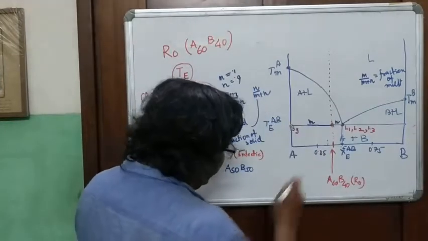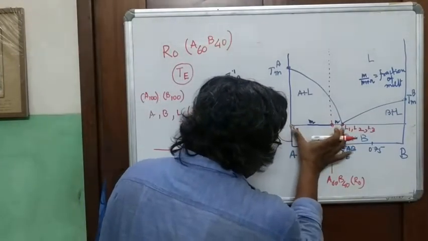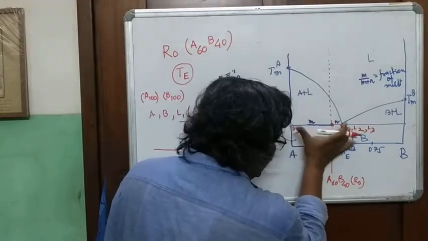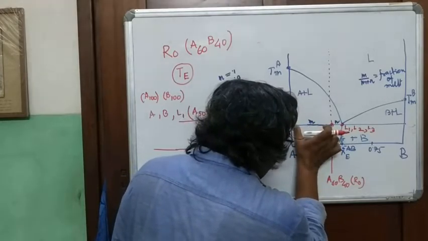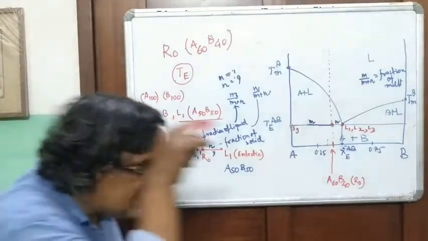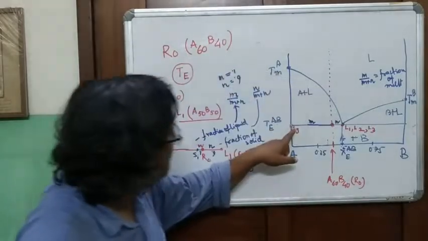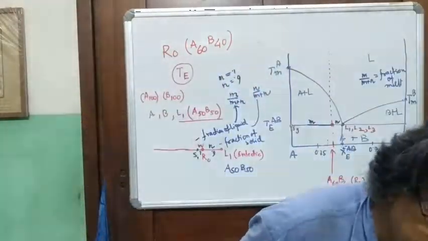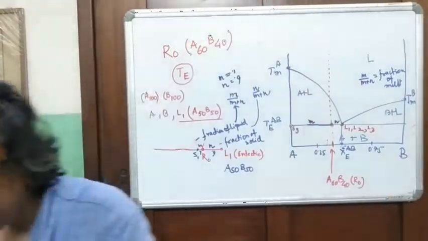So, from this length divided by the total length, that means S3L1 or S3L2 or S3L3, you can find out what is the value of M and what is the value of N. At that fraction of melt, B has been exhausted out of the system.